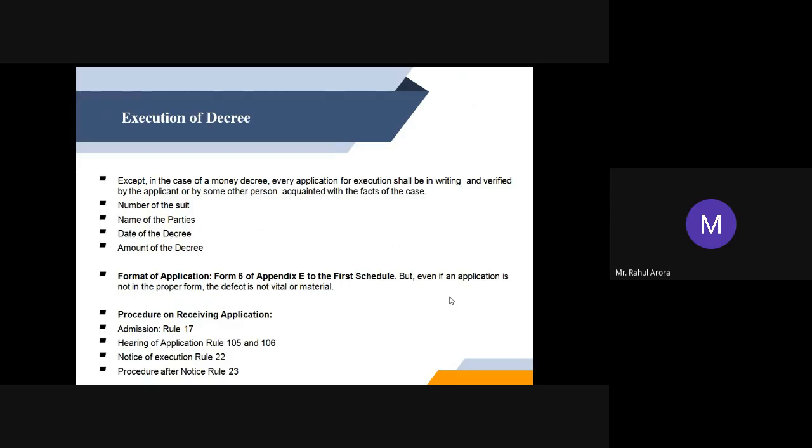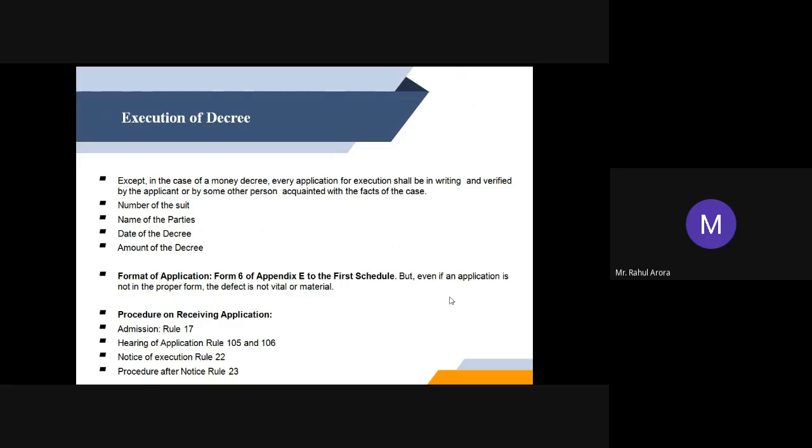And it includes the number of the suit, names of the parties, date of the decree, and amount of the decree. So from this, we may infer that an execution application must contain the following particulars: number of the suit, names of the parties, date of the decree, and amount of the decree.